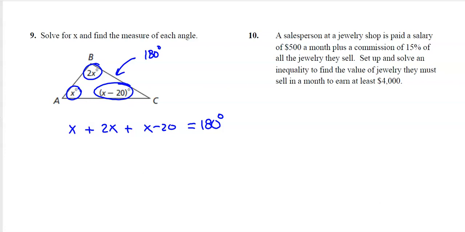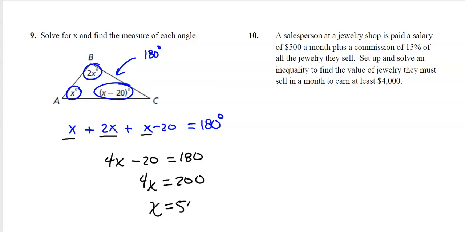And I combine some like terms, 1x, 3x, that's 4 total x's. Subtract 20 is 180. Add 20 to both sides, I get 4x equals 200. Divide, x equals 50. So it said solve for x, x is 50. Find the measure of each angle, I got to plug it in.